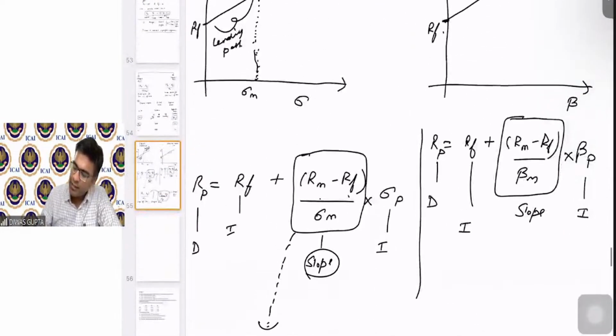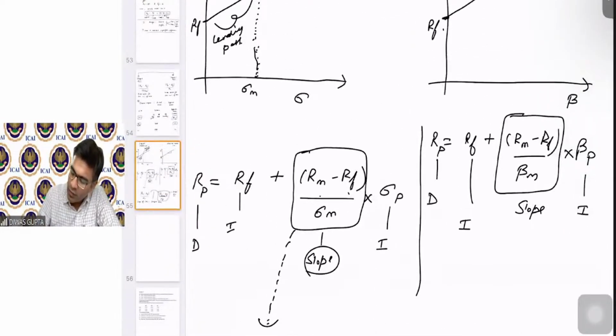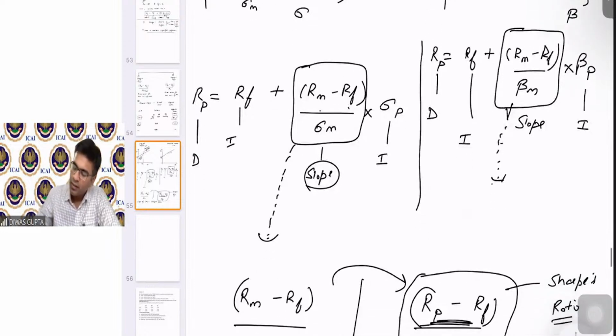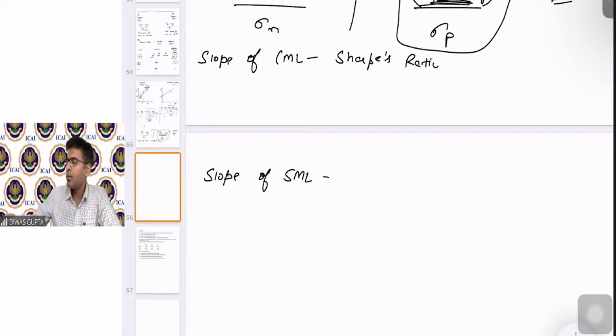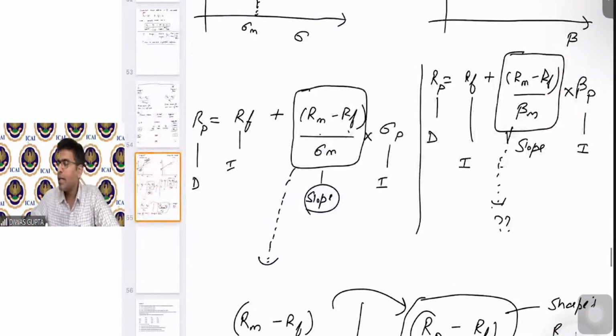Now, students, tell me, what is this looking like? RM minus RF divided by beta. What is this? This is again excess return, but on 1 unit of beta.